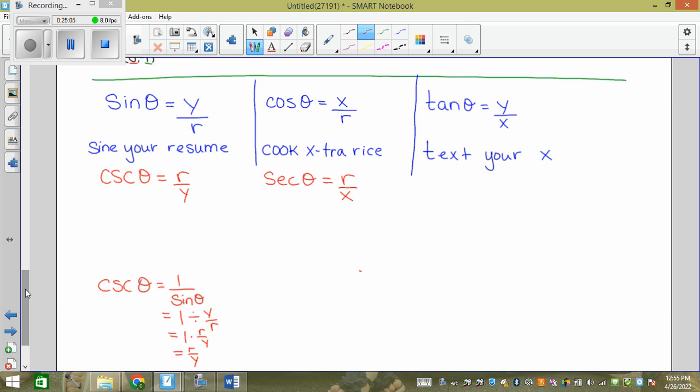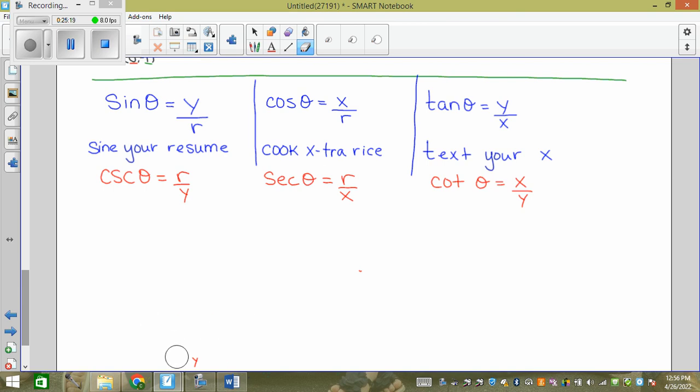And then tan goes with cotan. Tan theta is y over x, so cotan is x over y. Does that make sense to you? That it's just the reciprocals of each other. Okay, we're going to go to the notes I handed you.